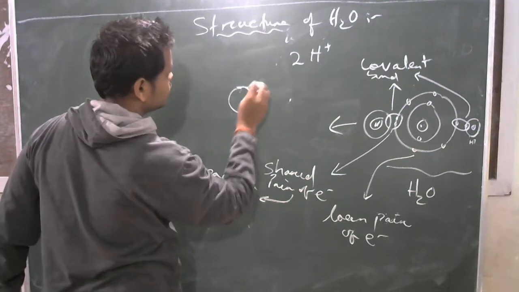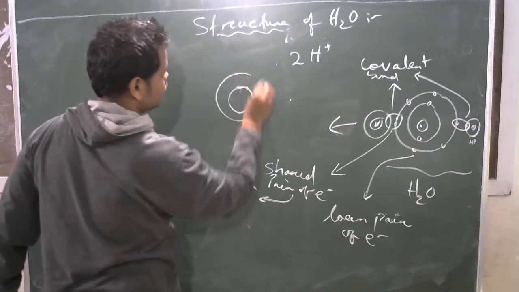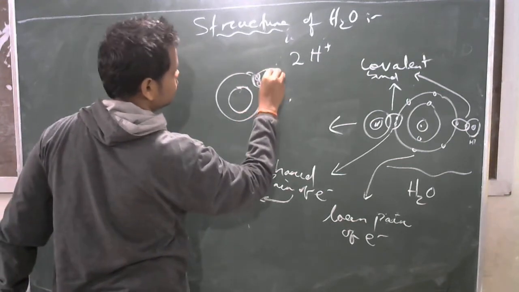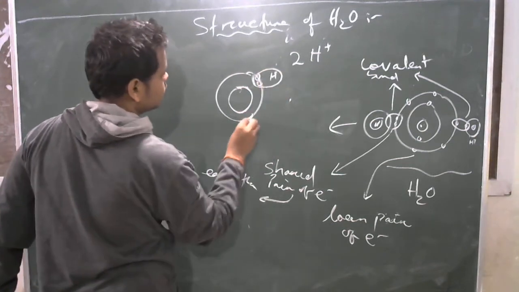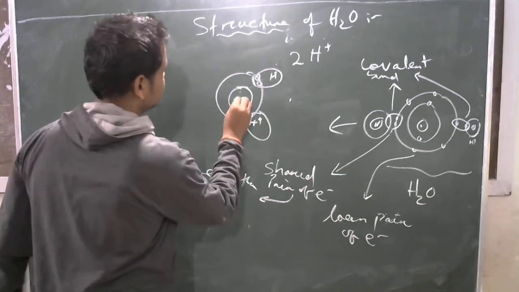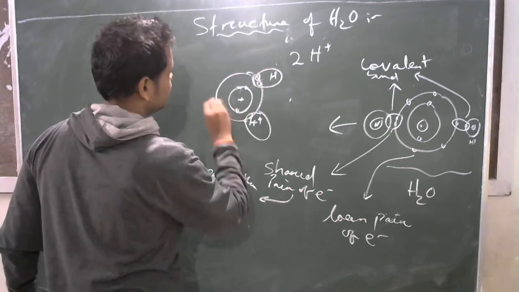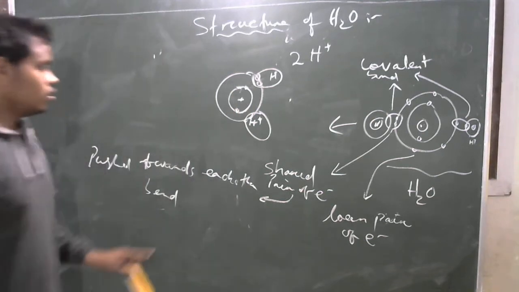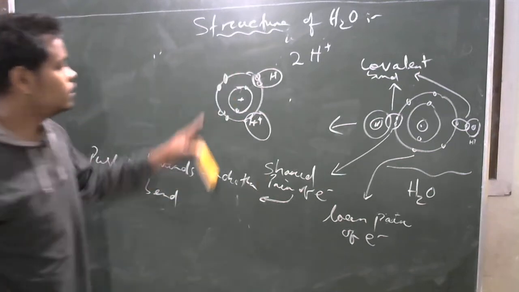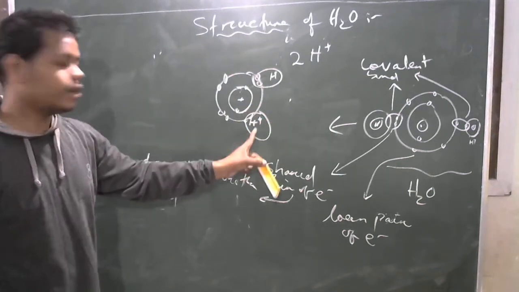Suppose this is the outermost shell, here it is the hydrogen atom, and here another hydrogen atom. This is the nucleus, inner shell, outer shell, and these are the lone pairs of electrons. These are the shared pairs of electrons.